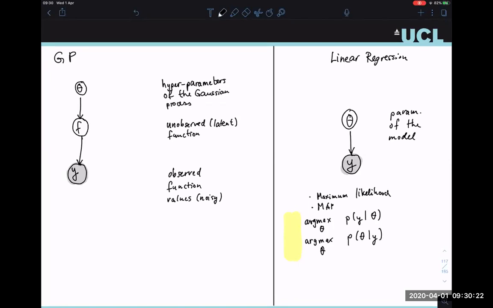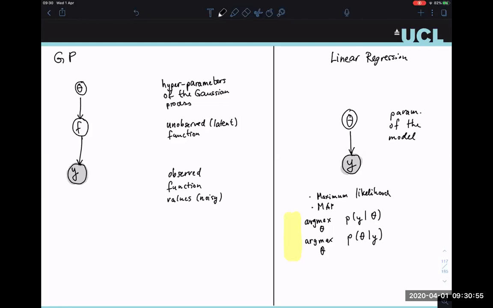Because you say that the higher our log predictive density, the better our model, and the log predictive density depends on the length scale. That's right. You can decide to use either maximum likelihood to find the best length scale, or MAP to find the best length scale.